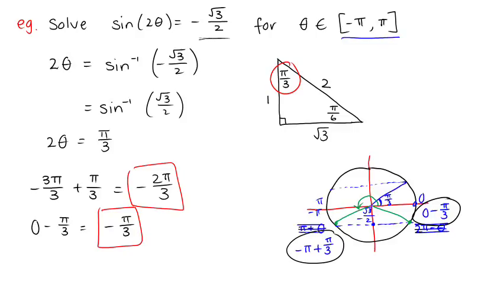Because it was negative pi, and I want a common denominator so I can add them, I made it negative 3 pi on 3. So negative 3 plus 1 is negative 2, and you get negative 2 pi on 3. And 0 take pi on 3 is just negative pi on 3. So we're going from here around to there and here around to here. The little one would be negative pi on 3, and the big one would be negative 2 pi on 3.